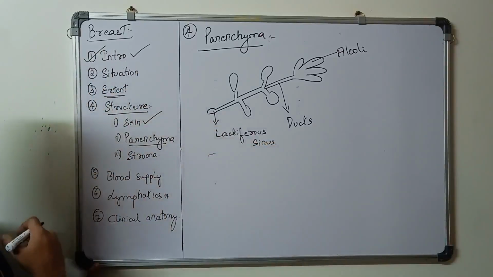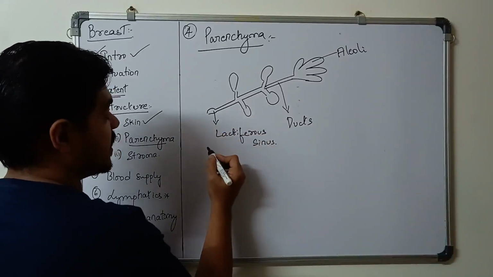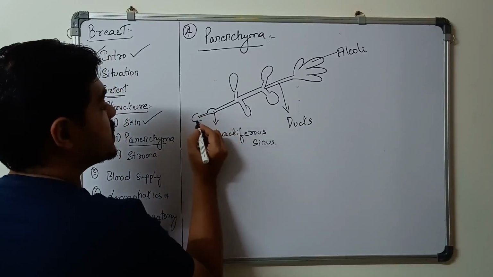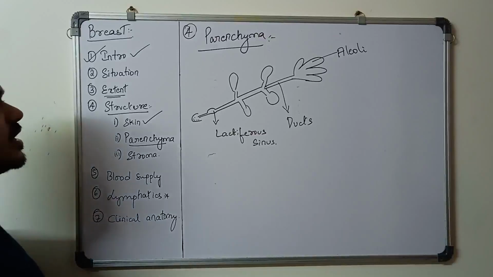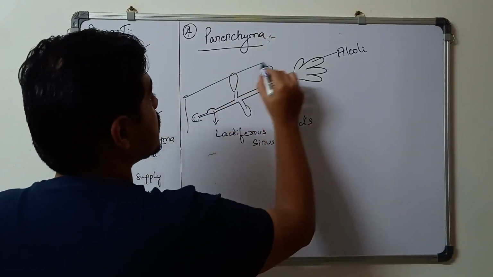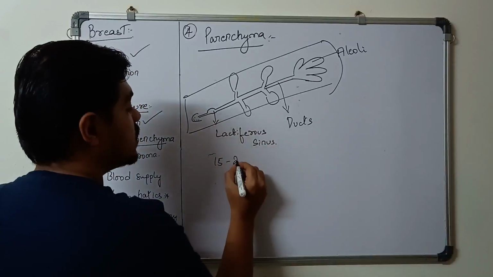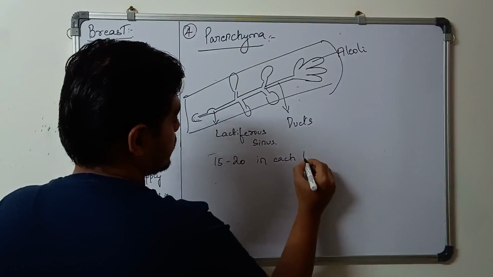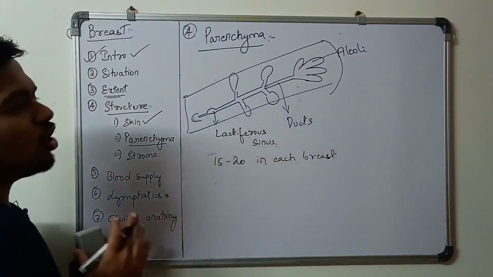Just before the milk is ejected out of the nipple, the milk is collected in the lactiferous sinus, and then it penetrates the nipple to open to the outer environment. Now, this is one lobe. There are around 15 to 20 lobes in each breast. So this is the gross anatomy.